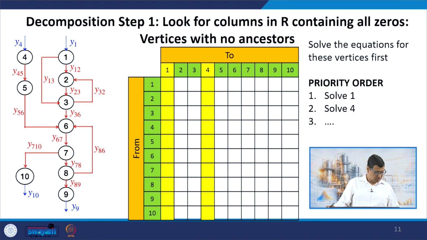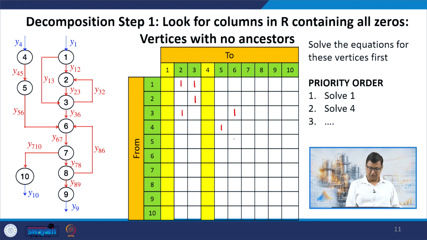Okay. So, the first step in our decomposition scheme is the following. We look at this R matrix and we look at the vertices which have no ancestors. Let me quickly populate my R matrix here. From 1 I can go to 2 and 3, from 2 I can go to 3, and from 3 I can go to 2 and 6, and for 4 I can go to 5.